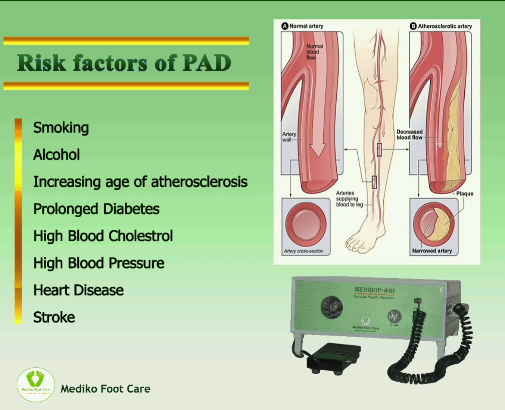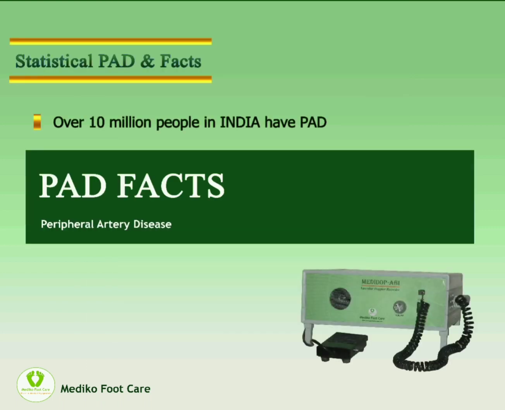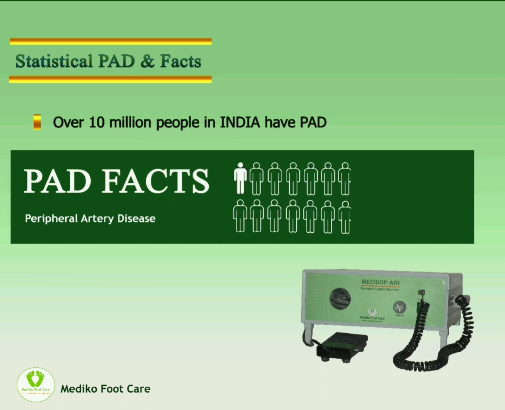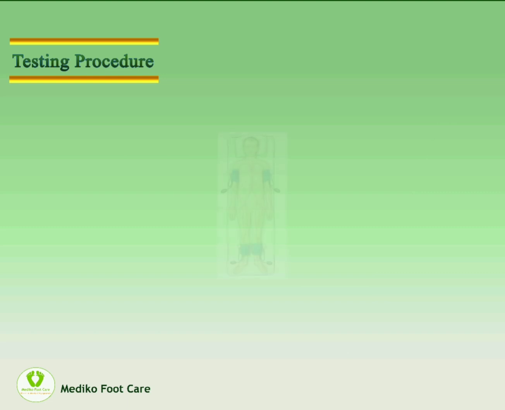Heart disease. 8. Stroke. According to the WHO statistical report, over 10 million people in India have PAD. Roughly 1 in 20 Indians over the age of 45 have PAD. Untreated PAD can increase a person's risk for heart attack or stroke.